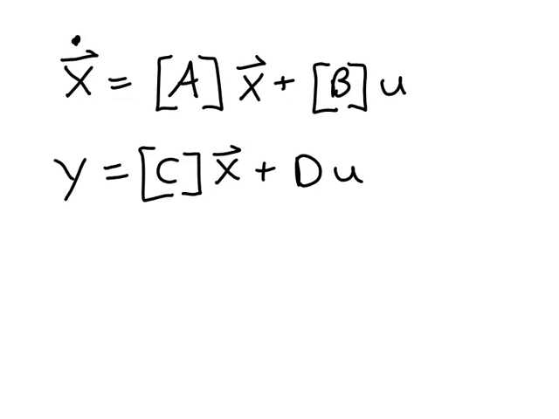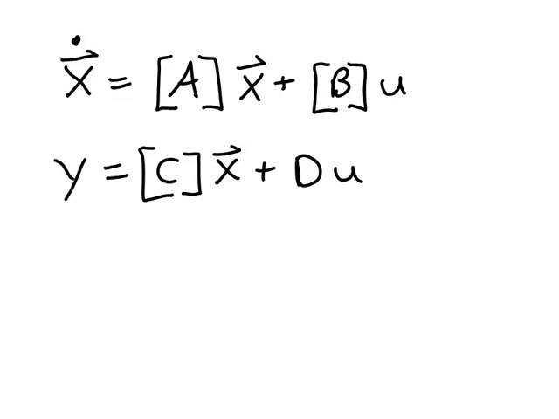What makes our definition of a state vector correct is that if our state vector allows us to put the equations into this form, then we've chosen a good state vector. So I'm now going to show you a couple of examples about how we pick our state vector and then how we use that to put the equations into state space form.